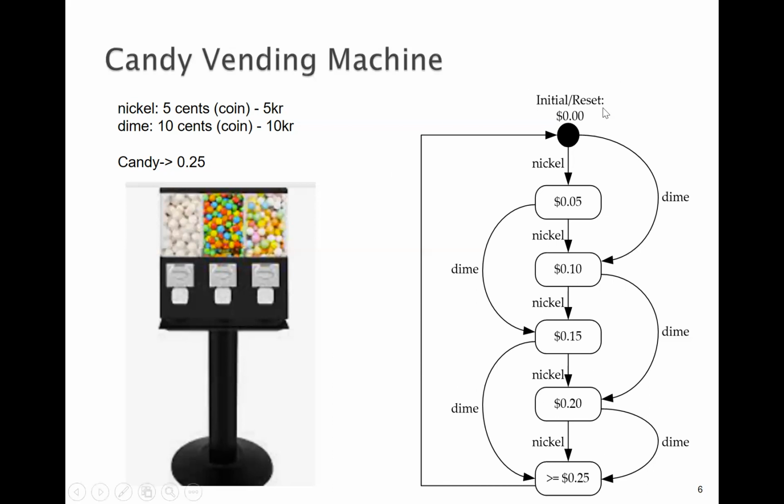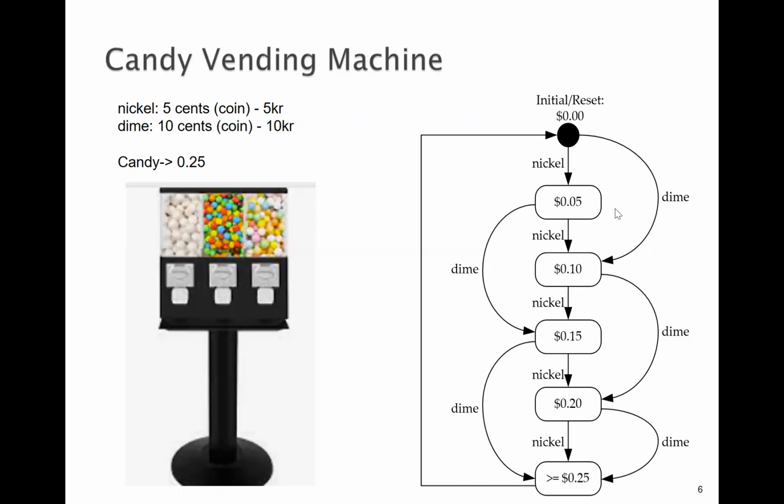Initially, the system is in reset mode. There is nothing deposited, and that's the initial state, represented by a black circle. When we deposit a nickel, there could be 2 different paths. We can either deposit a dime or a nickel. If it is a nickel, then we can get 10 more, and then it's going to be 15.